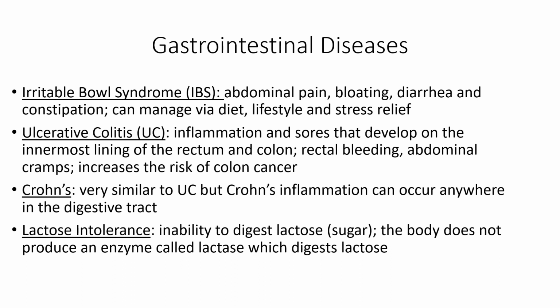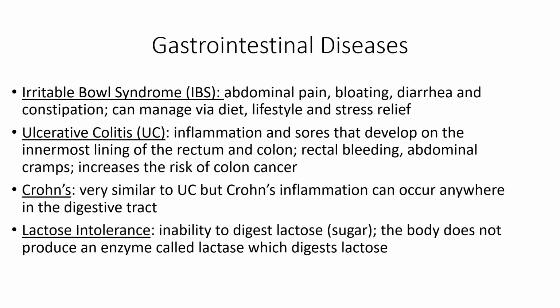Ulcerative colitis, or UC, is going to be an inflammation and sores that can develop on the innermost lining of the rectum and colon. This can result in rectal bleeding, abdominal cramps, and an increased risk of colon cancer. Crohn's is extremely similar to ulcerative colitis, but Crohn's inflammation can occur anywhere in the digestive tract.